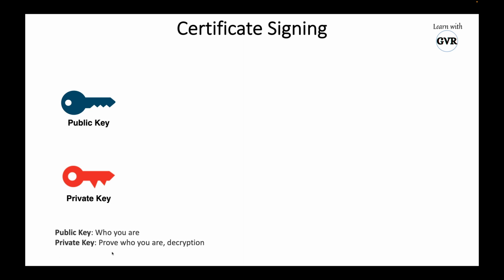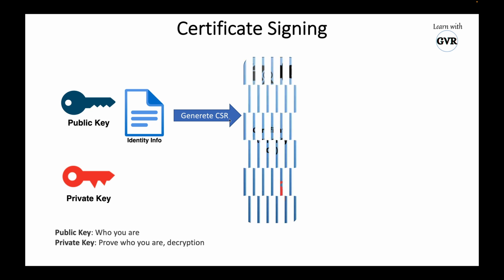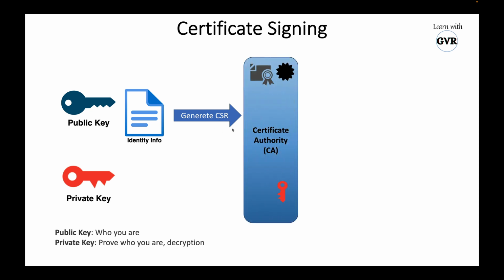Why will the private key be used? The private key is used to prove who I am, as well as to decrypt. Then the public key will have some identity information. You will raise a CSR, a certificate signing request, to a certificate authority. Say I want to create a certificate for my website, so this is how I will do it.